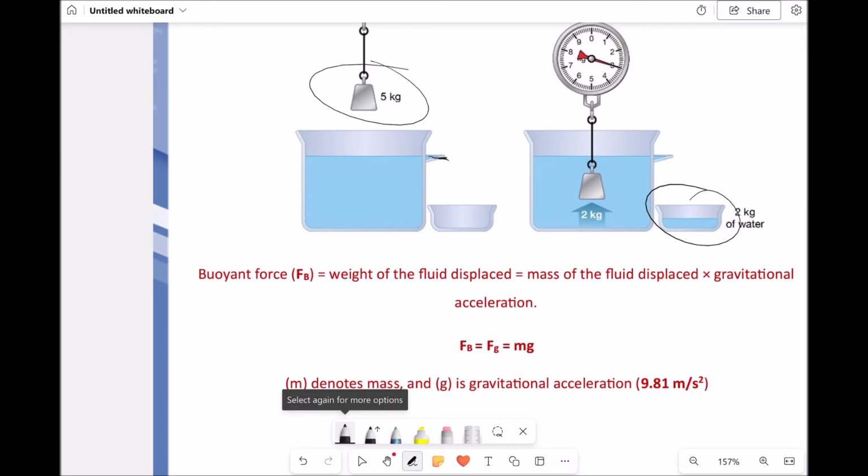Now, of course, if you throw an object inside a fluid or inside a liquid, which is water here, it's going to displace the water. It's going to make the water move, or rise, okay? The amount of the moved water is equal to the weight of the fluid displaced, okay?